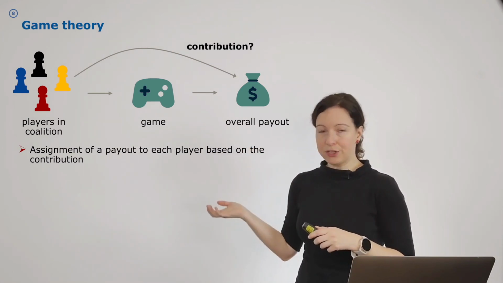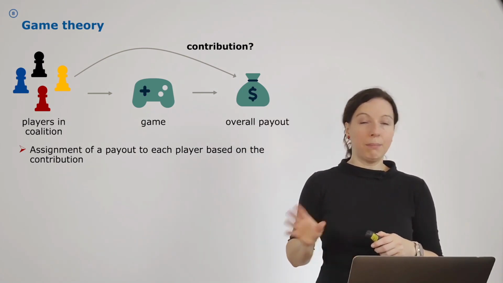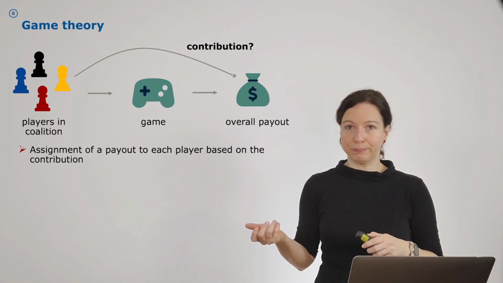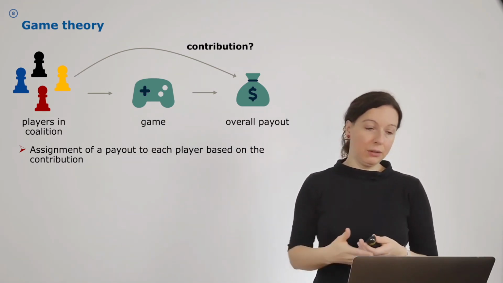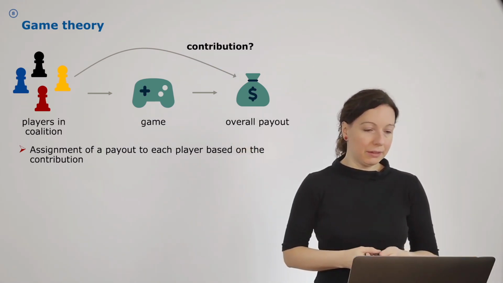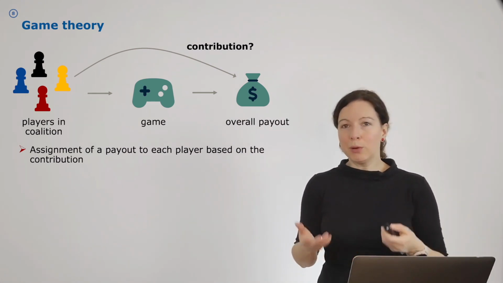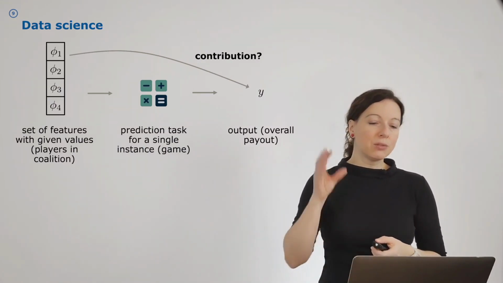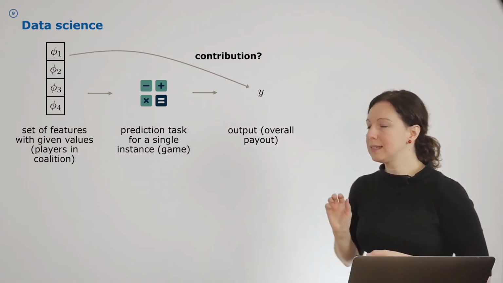And now the question is, what is the assignment of a payout to each player based on the contribution? It's assumed if you have a larger contribution, you should get a bigger assignment of the payout. But we are not working in game theory, we are doing data science. So when we transfer this to data science, we have this scenario.